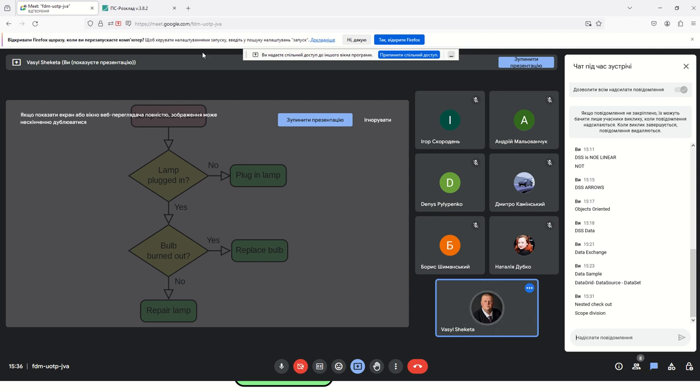So this is our first lecture. We discussed the general problem of DSS, and in the following lab, just stay connected.